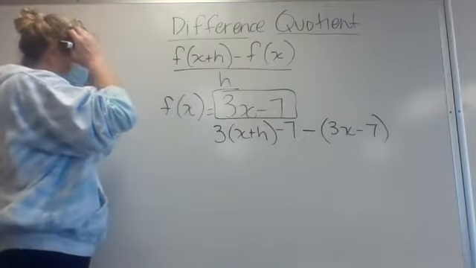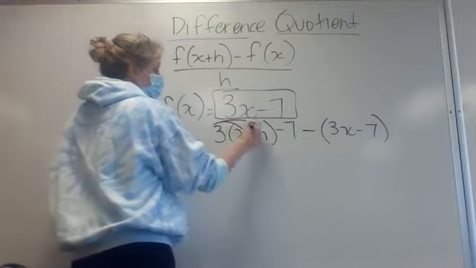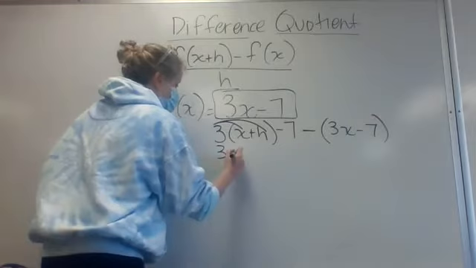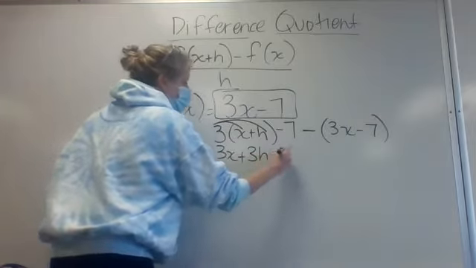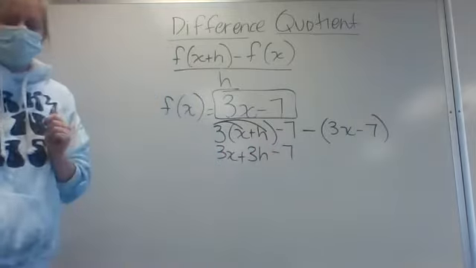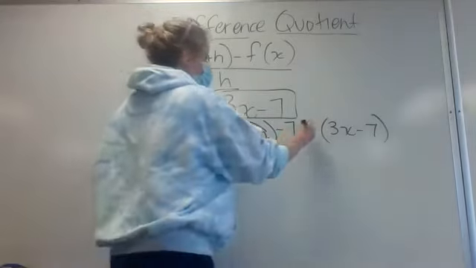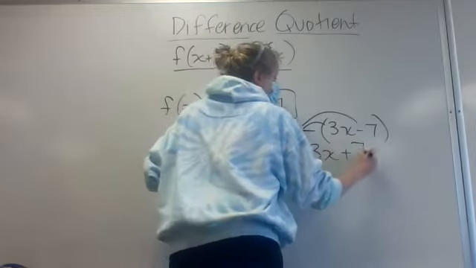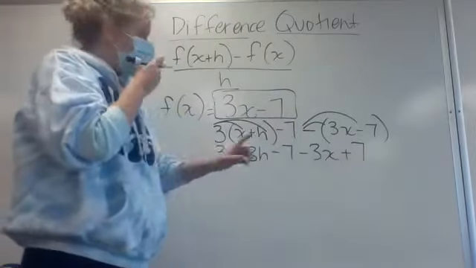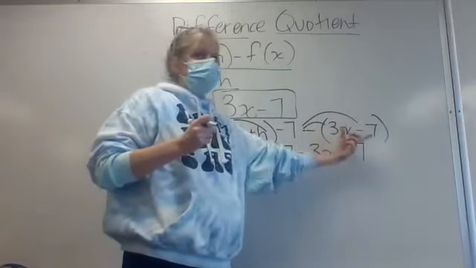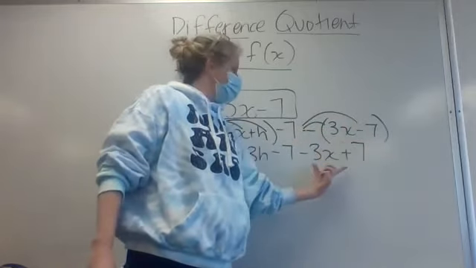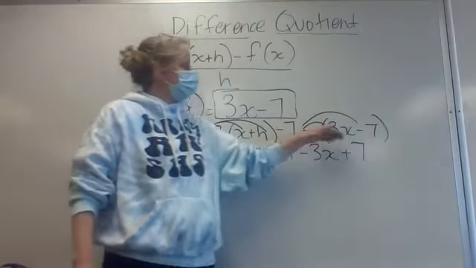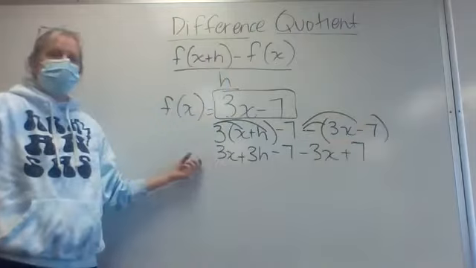Okay, so to simplify, I need to remove parentheses. So I've got 3x plus 3h minus 7. Here I'm going to distribute this negative. It's going to make this minus 3x and this plus 7. When you distribute the negative to the parentheses, it changes the signs, and those terms are going to cancel terms up front.